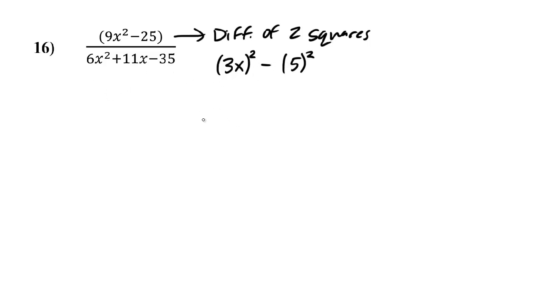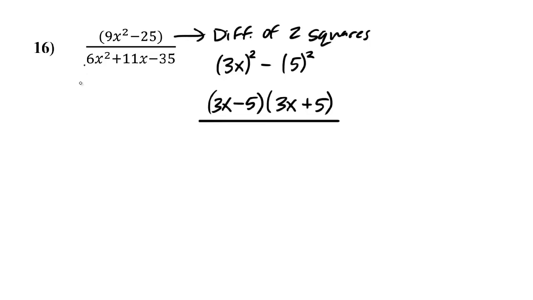Okay, so let's actually do that right now. Make my fraction bar, 3x minus 5, and 3x plus 5. Now, if you wanted, you could go ahead and factor that, but it's just easier to kind of recognize that it's a special case and avoid all of that work in the first place.